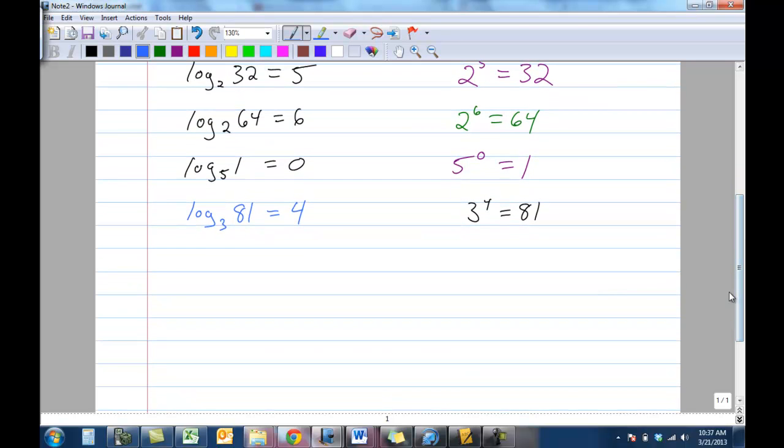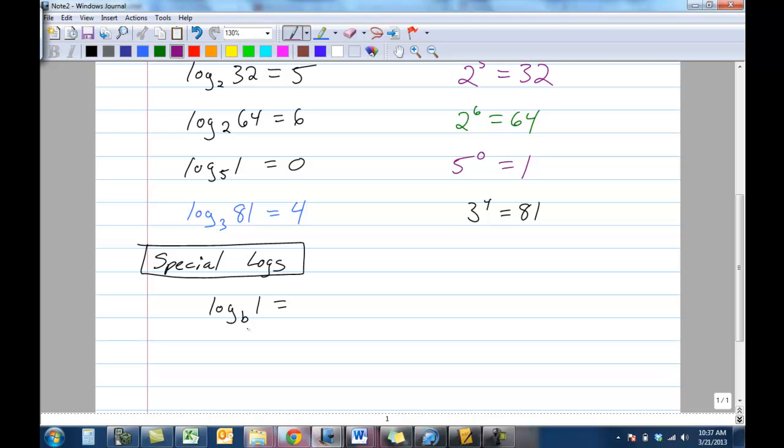All right. Let's talk about special logs. There are some special scenarios with logs. Check this one out. How about log base b of 1 equals, excuse me, what do you think?